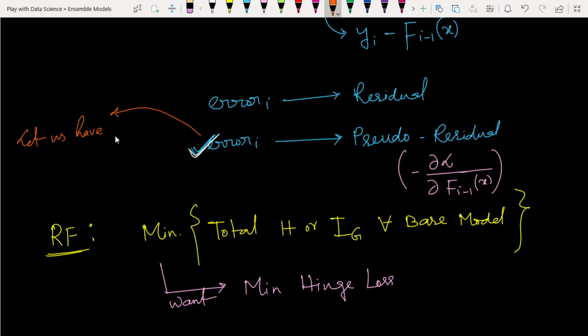Let us have any loss function which is differentiable.